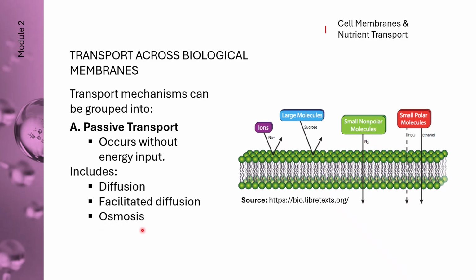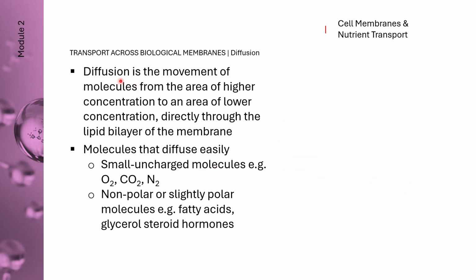Okay, so when we're thinking diffusion, we're thinking about the movement of molecules from a region of higher concentration to a region of lower concentration, in this case, through the lipid membrane. We already know that. And like I said, gases belong to this category.